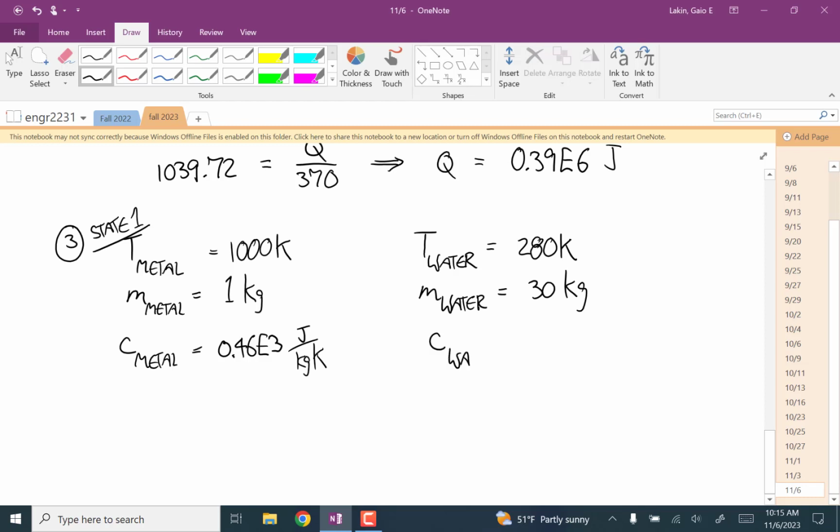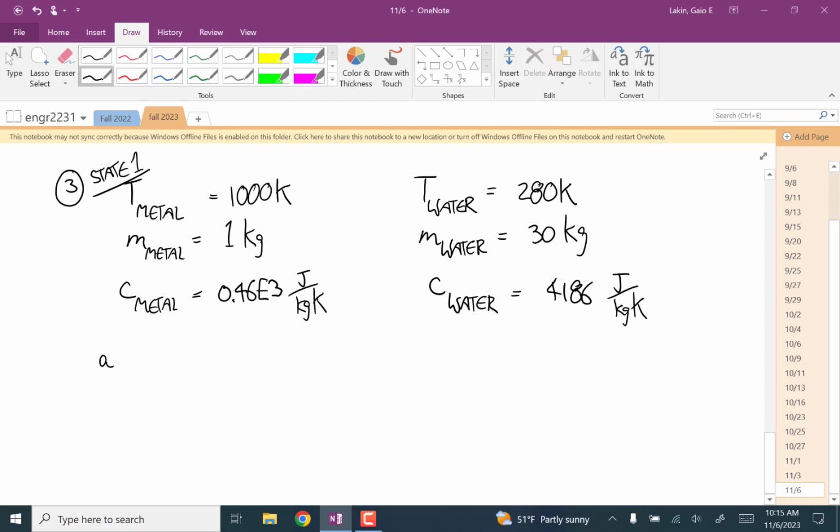Specific heat for the water is 4186 joules per kilogram Kelvin. And we want to first show what the equilibrium temperature is.